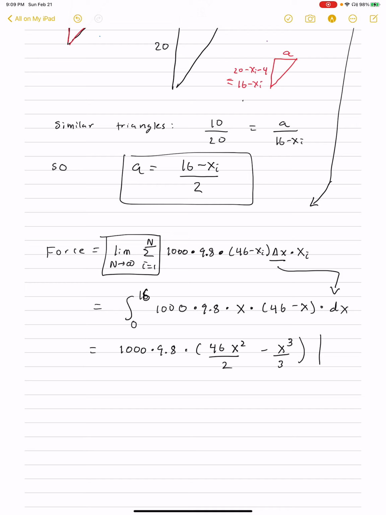Okay, and then we evaluate at 0 and 16. Now the number that we get is going to be pretty large. So it's going to be 4.43 times 10 to the 7th, and the units become newtons. Okay, so anyway, this is how you work out your hydrostatic pressure calculations.